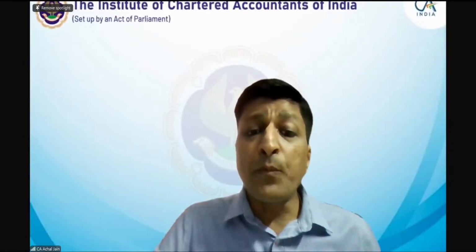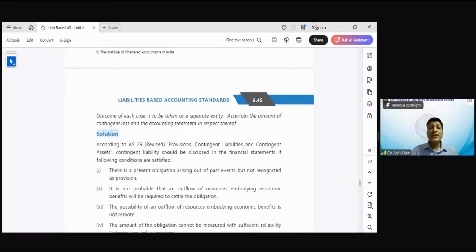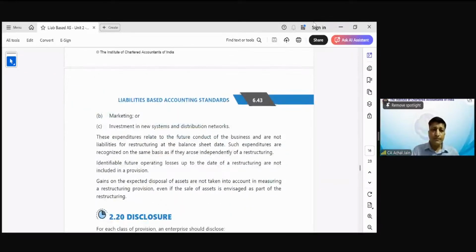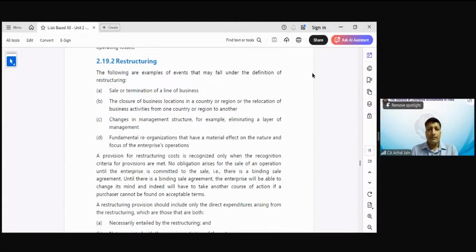Yeah. The important point for us is to understand that whenever there is any restructuring in the organization, does it require any provision or not? Sale or termination of a line of business, closure of one of the business locations, change in the management structure, maybe the CEO has been terminated and now a new CEO is going to come up.